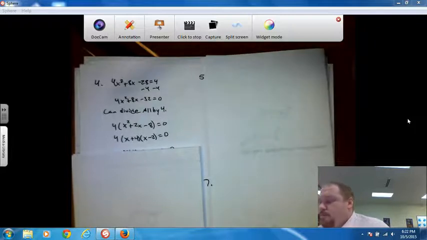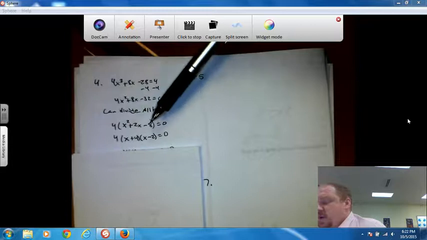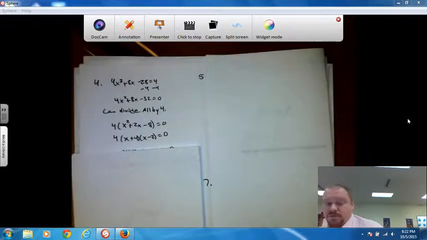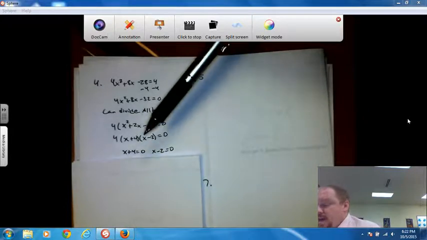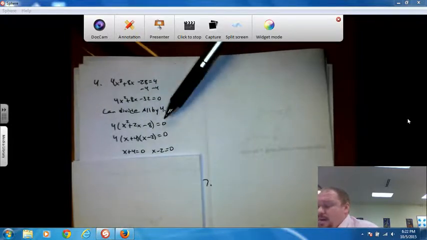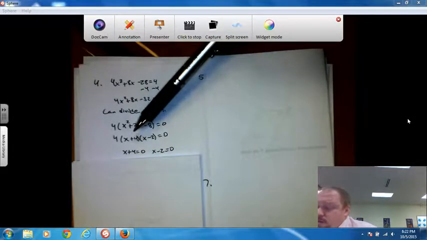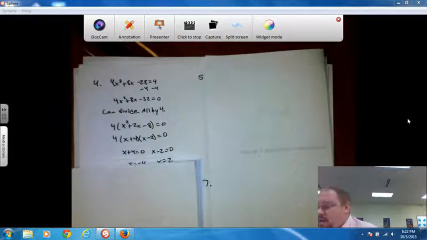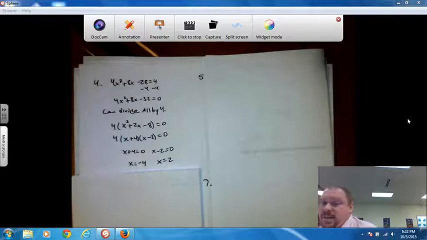When you divide all of them by 4, it makes these smaller, so I can factor out a 4, and then I easily saw that middle factor of 2. I said, hey, factors of negative 8 that give me positive 2 when I add them together are negative 2 and positive 4. So that's why I chose factoring here. So x equals negative 2 and x equals 2.